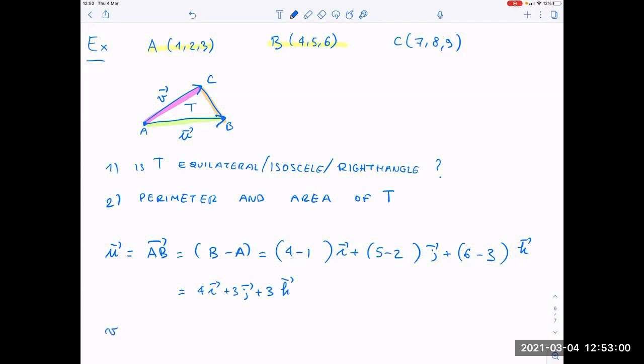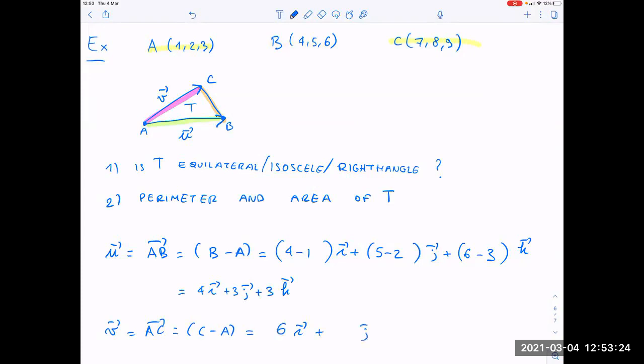What about V? Same process: it is AC, or C minus A. So the coefficient of I comes from looking at C and A. It is 7 minus 1, 6.